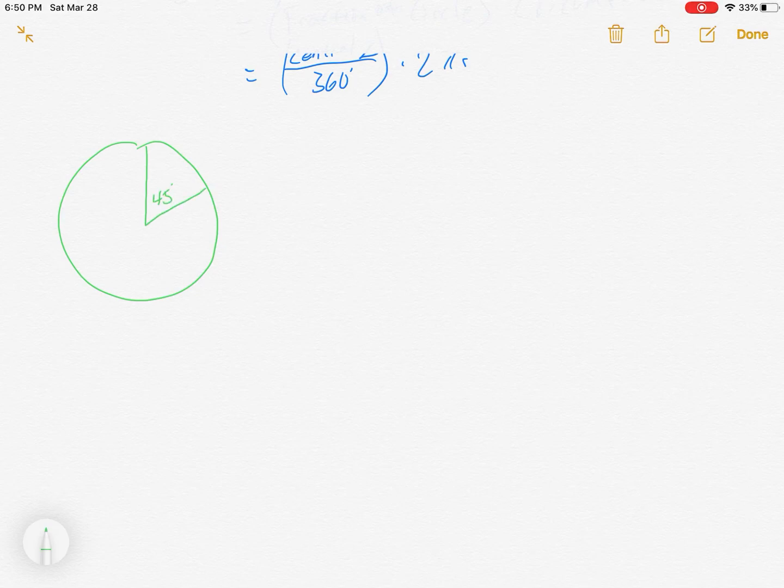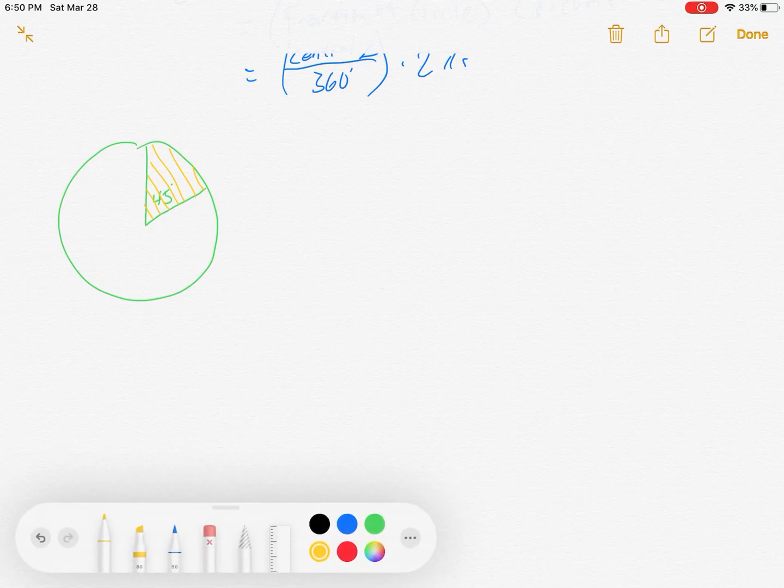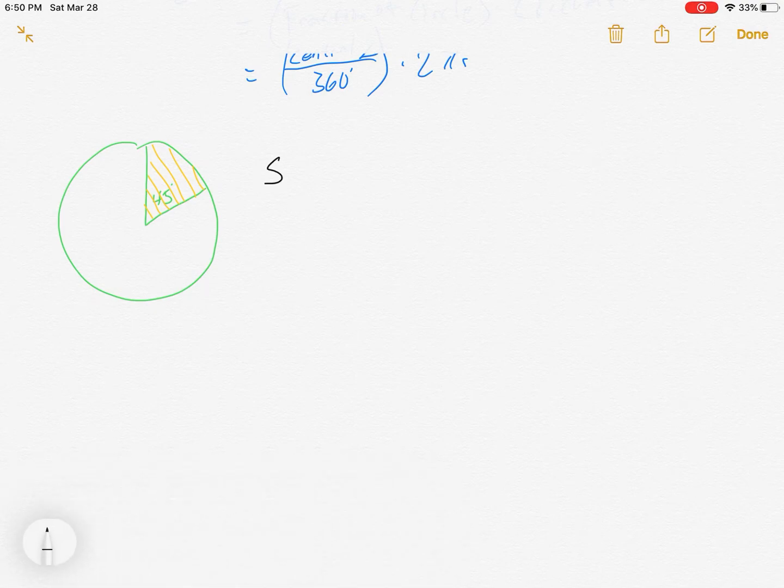So someone might be asking, what is the area of that sector, like a piece of pie or pizza? This is called sector area, and it is simply the fraction of the circle area.